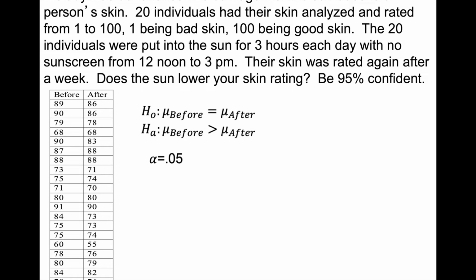Okay, so there's 2/3 of the pieces we need. We need our null and alternative. We have our alpha level of 0.05, and all that is pretty similar to what we did for a t-test when we were testing a claim about a mean for a single sample. So now let's go to the calculator to see what we have to do to get our p-value.